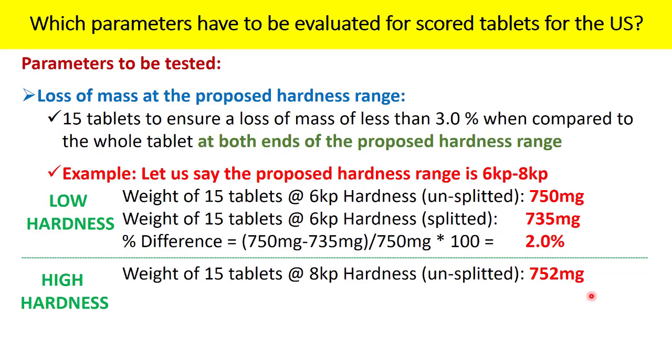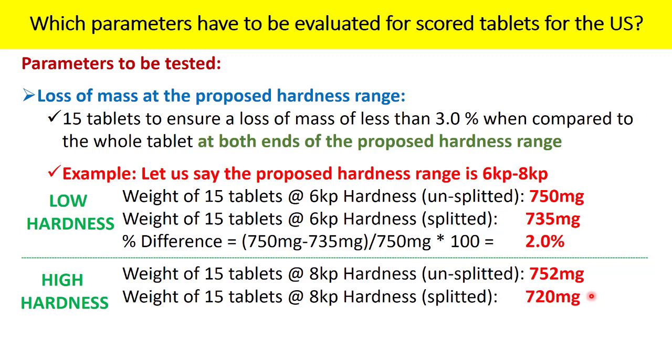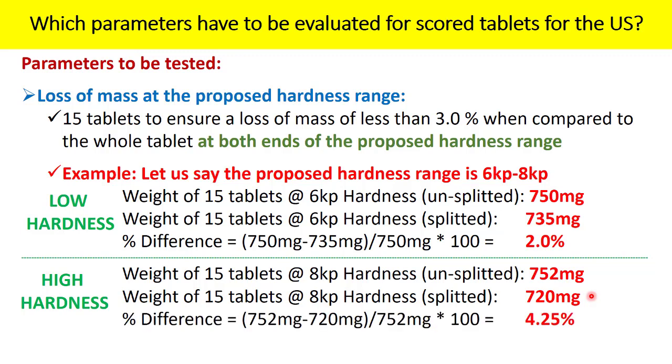So the same 15 tablets were split and the weight of those 15 split tablets was noted to be 720 milligram. So how much is the percent difference found? 4.25%. So this second example does not meet the requirement of less than 3% loss, right? This is just for your understanding of how this actually can be executed.